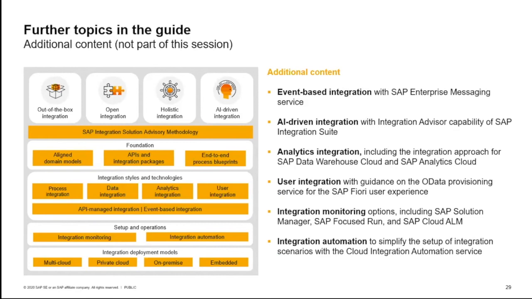And along our integration strategy of the intelligent enterprise, we have added information and guidance regarding analytics integration and also user integration regarding scenarios of SAP Fiori user experience and data provisioning service scenarios.